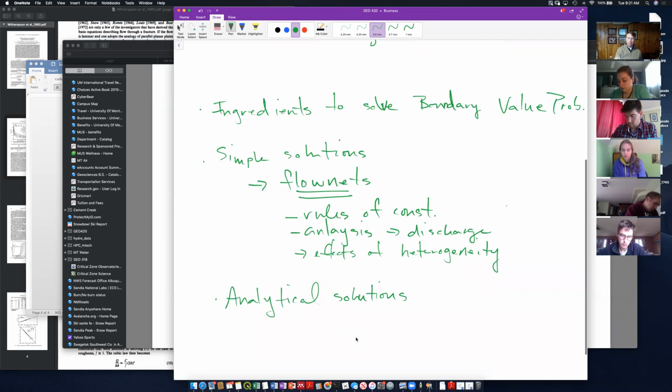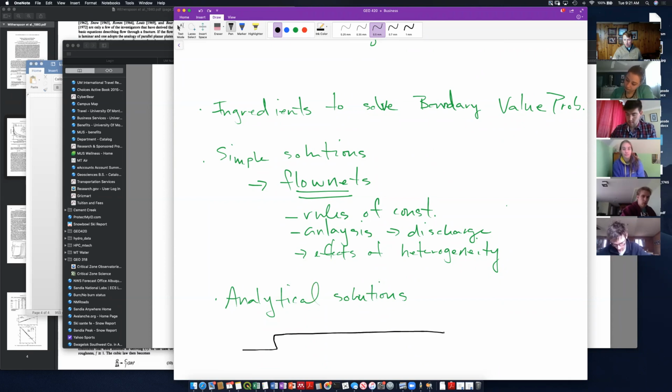We talked about various analytical solutions, but for example, one was for the Boussinesq equation, where we had a system with two rivers at different heights.